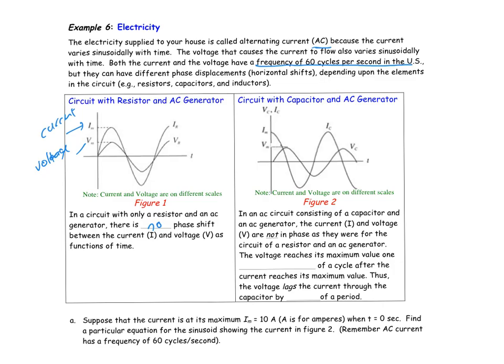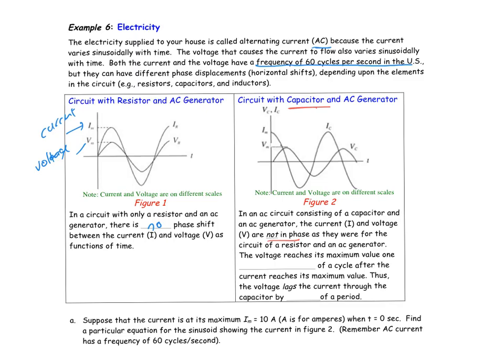In figure 2 now, we have a circuit that has a capacitor and an AC generator. With this, the introduction of the capacitor causes a phase shift. So I'll read the paragraph. In an AC circuit consisting of a capacitor and an AC generator, the current I and voltage V are not in phase as they were for the circuit of a resistor and an AC generator.